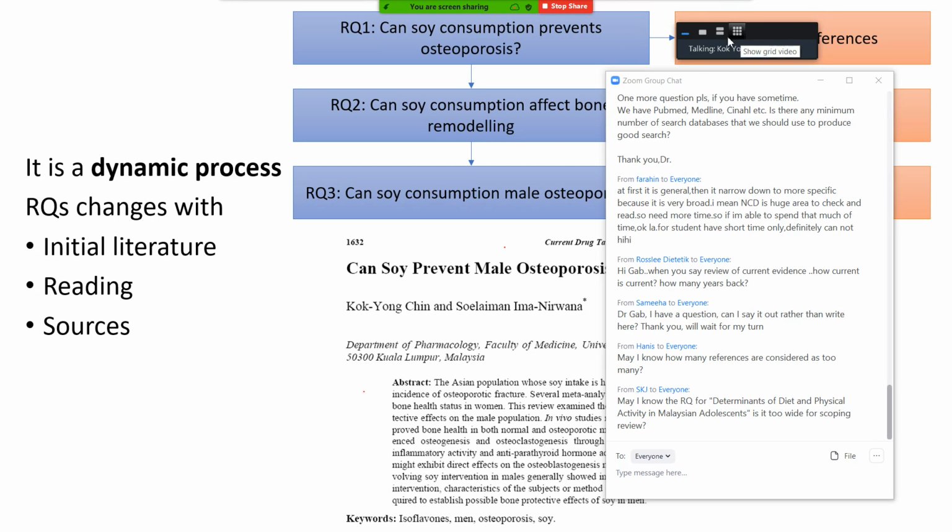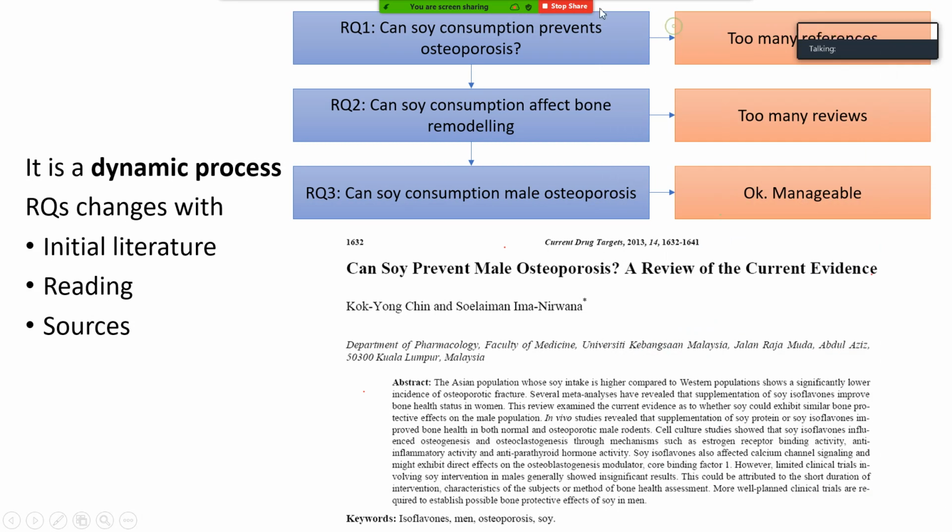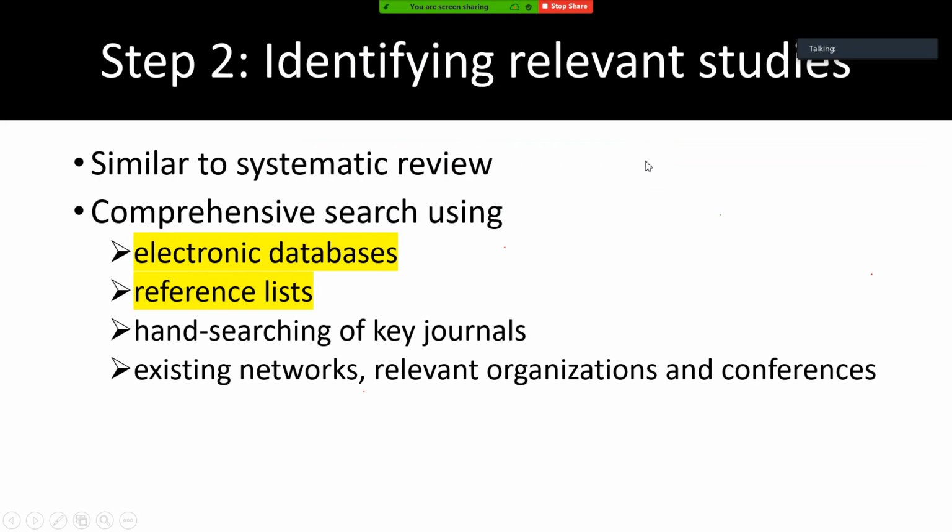So I think we put the question aside first. We continue to the second step. So the first step is to determine your research questions. The second step is identifying relevant studies. This step is similar to a systematic review, where you conduct a comprehensive search using electronic databases and also reference lists. Other guidelines will also ask you to hand search key journals, but I'm not sure, in our case, whether we still have hard copies of key journals.